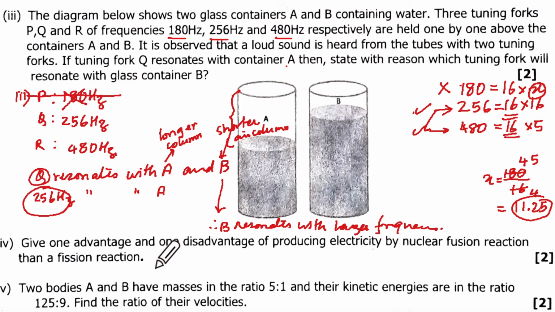So if it had to resonate with 180, the column should have been longer, because frequency is inversely proportional. Correct. Absolutely. Understood.